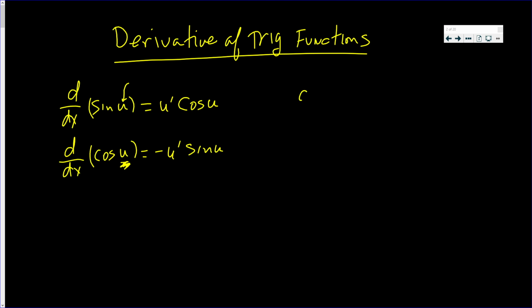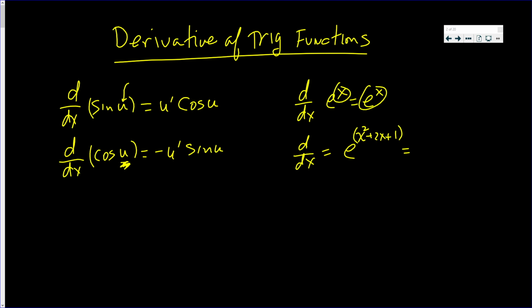In other words, for example, the derivative of e to the x is e to the x. If I replace x with something more complicated, like x squared plus 2x plus 1, you're gonna get back the same answer. That is, you get back e to the power, and our power is this.